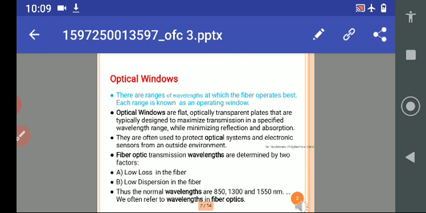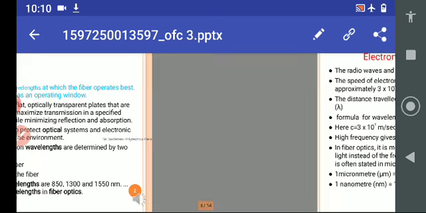Among n number of wavelengths, we have selected 850 nanometers, 1330 nanometers and 1550 nanometers as the normal wavelengths. These three centralized wavelengths are useful for communication, and at these wavelengths we experience low losses in the fiber with low dispersion of the signal.